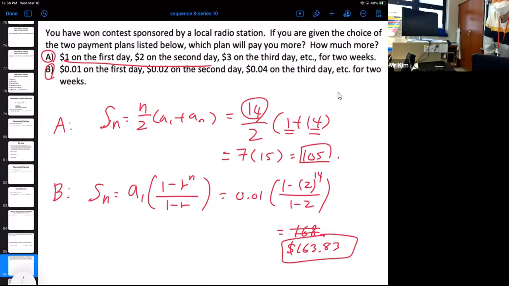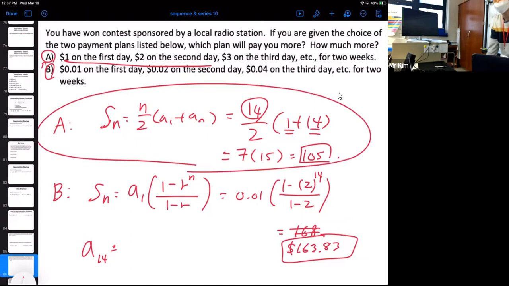Just one more thing. If you use a geometric sequence for part B, generally speaking, a lot of students, or people in general, would go for part A just because of how it's structured. You start with $1 for crying out loud versus a penny. And after the 14th day, you think Plan A should make a lot more sense to choose.